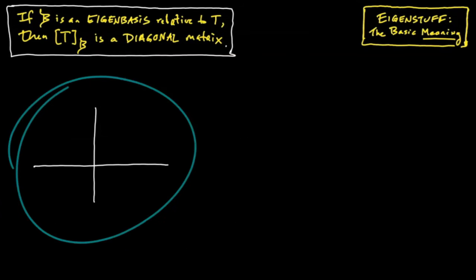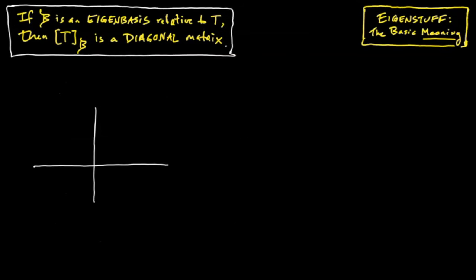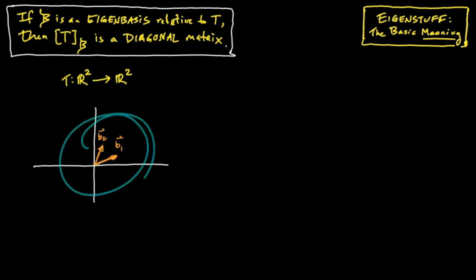Okay, so here we are in R2, and let's imagine we have some linear transformation T from R2 to itself. This mapping will move vectors around in the plane, but let's say we happen to know two particular linearly independent eigenvectors. I will call them B1 and B2, and let's suppose that T scales B1 by a factor of half, so it shrinks it down to half its size, but still pointing in the same direction.